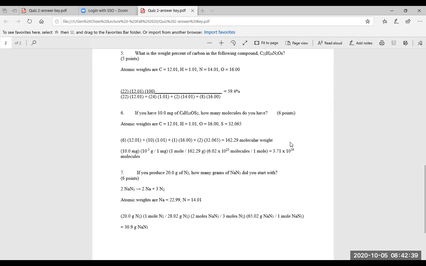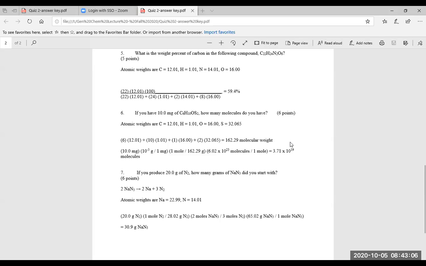The one thing that some people missed was that when we talk about working in moles, we have to get it into grams, and it was given in milligrams. So the first thing you needed to do was convert 10 milligrams into grams. And that's where 10 to the minus third grams is equal to 1 milligram.